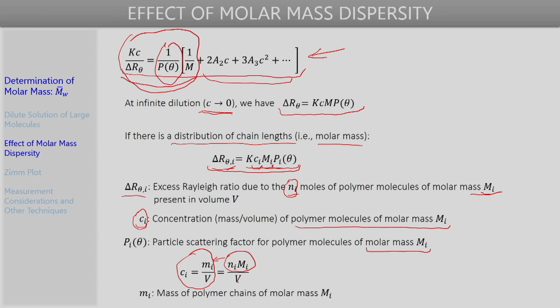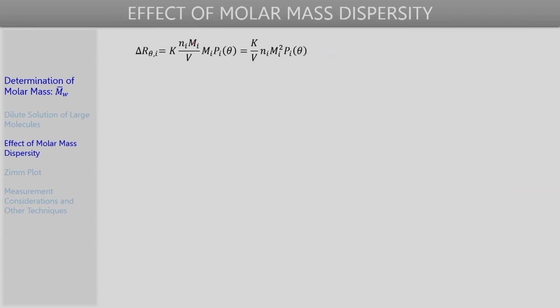And if we substitute this expression for Ci in the ΔRθi expression, then the expression for excess Rayleigh ratio for these polymers having molar mass Mi will be given by this relation here. Now we can see that we have two Mi terms present here, one here and one here.